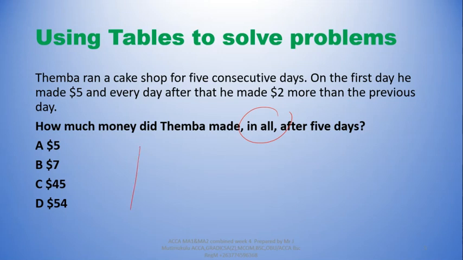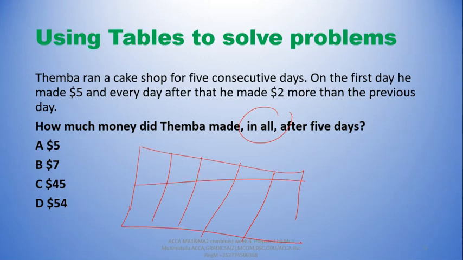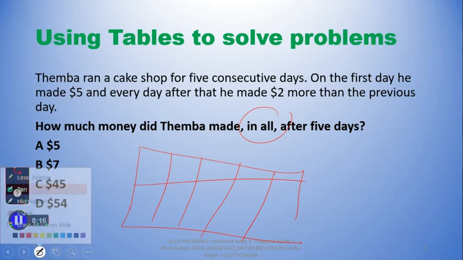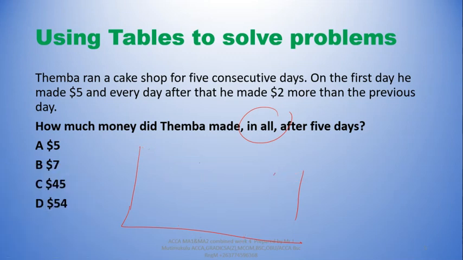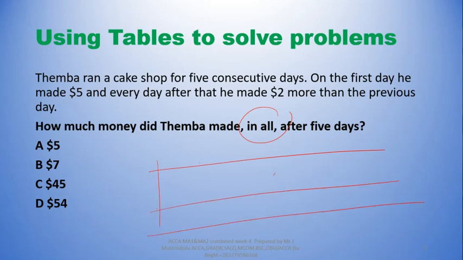We are told that these sales took place for 5 days. So this is our table. That's day 1, day 2, day 3, day 4, and day 5.